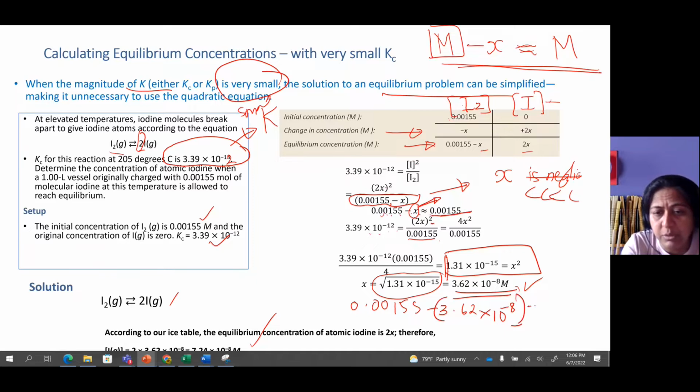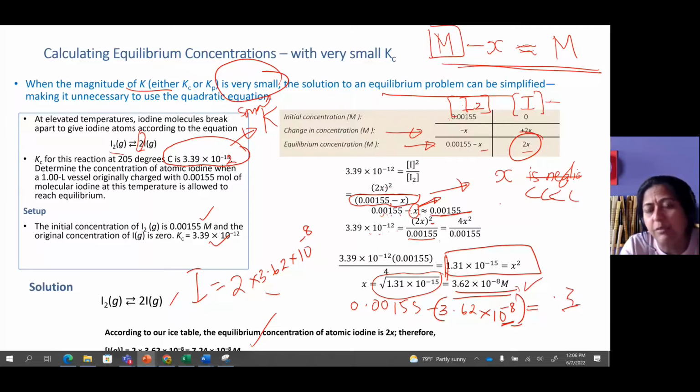Then you can see that is a very small value. The 2x for I equals 2 times 3.62 times 10 to the negative 8. You will see this is a very, very small value, and therefore our assumption is correct.